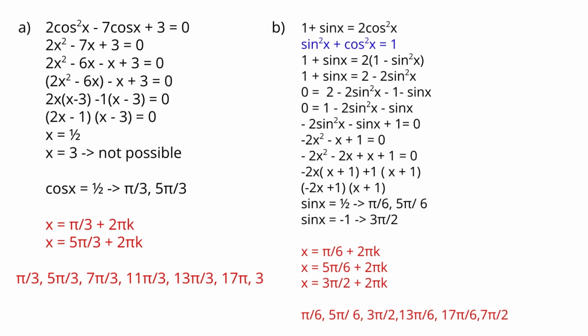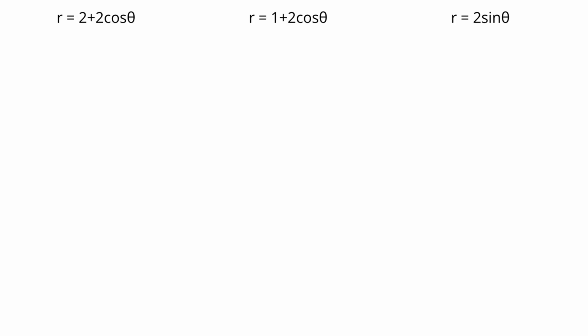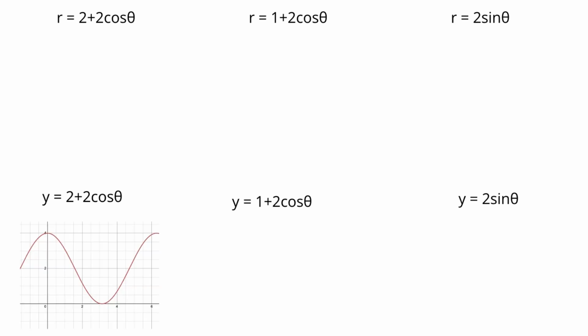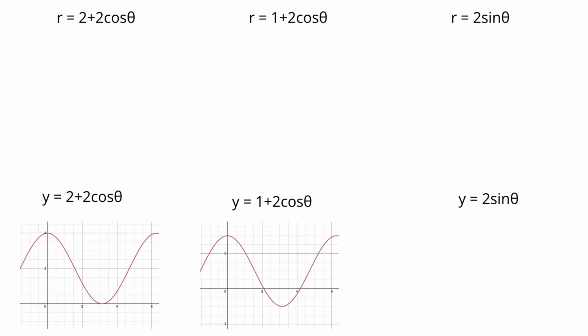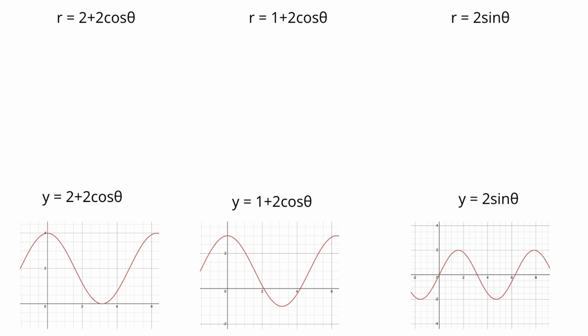Now to problem 4. We're given 3 problems to graph, and we can graph these by looking at the original graphs of y is equal to them. So for y is equal to 2 plus 2 cosine x, we're trying to find r is equal to 2 plus 2 cosine theta.